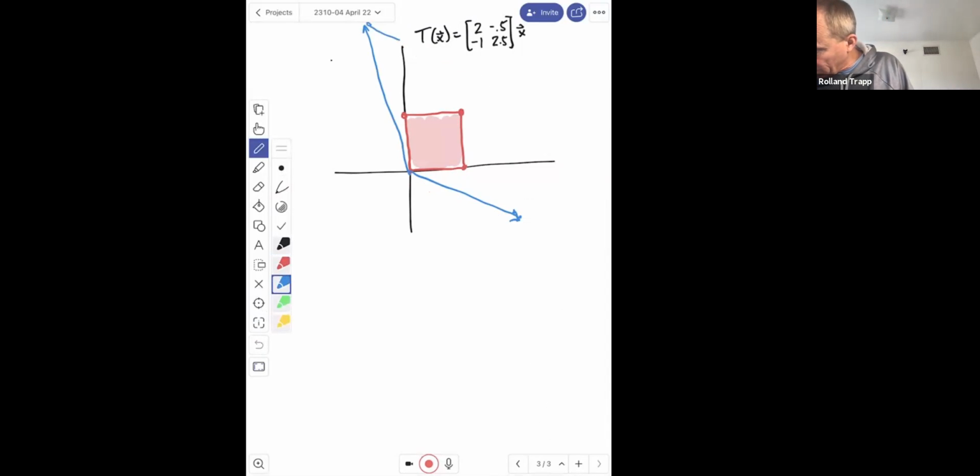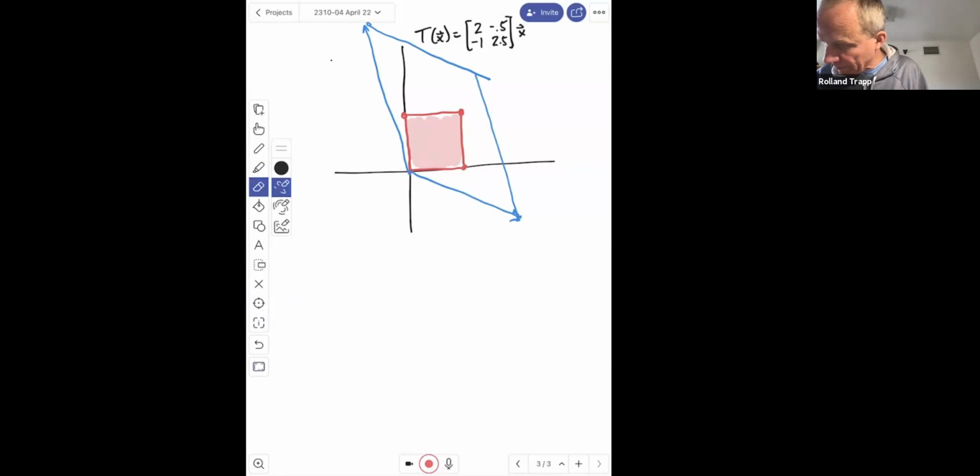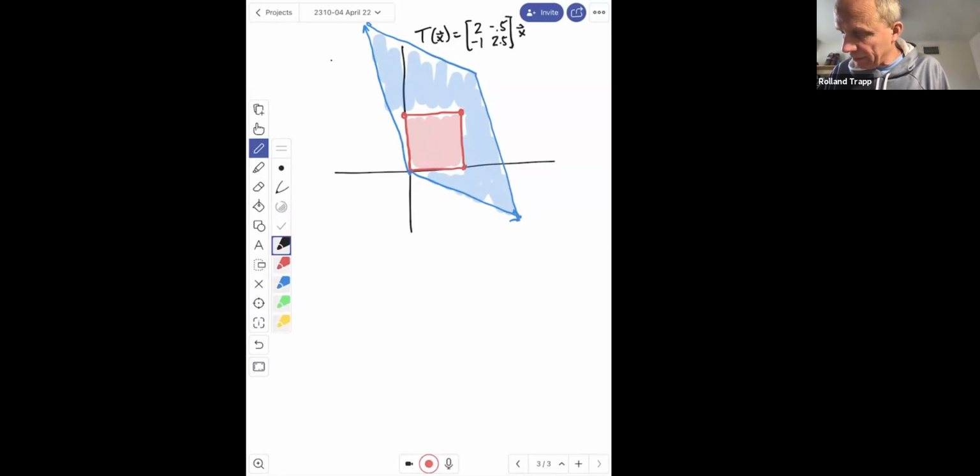So this top vector has to be like that, and the one on the other side has to be parallel to the left-hand side, and it has to look like that. So this is the image of the unit square. And T takes this to that, right? Takes red to blue.